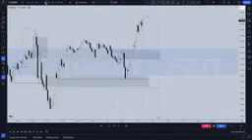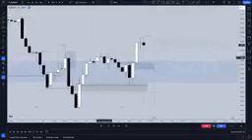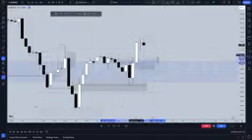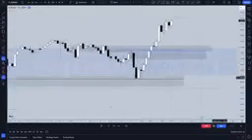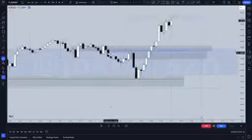So we go on the H1. If we can see a PD array here on the H1, we have this up close candle which we've closed above. So we could use this as a potential H1 PD array, right? And if we go back to the M15, we obviously still have this M15 inverted fair value gap here, right?